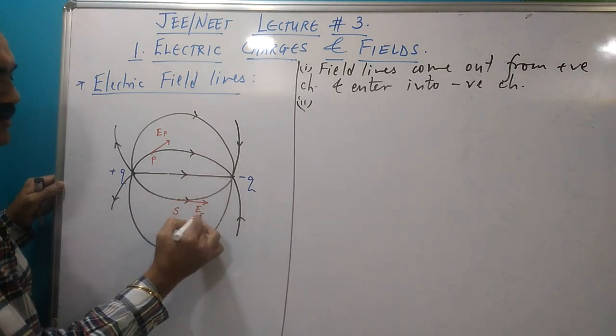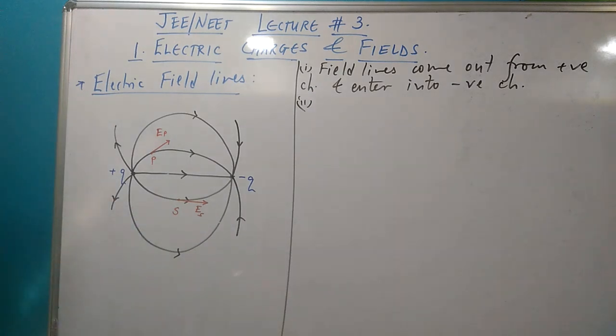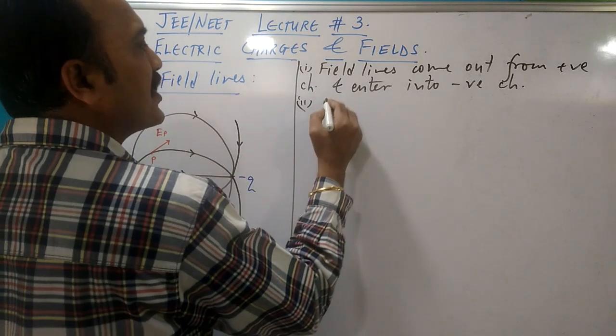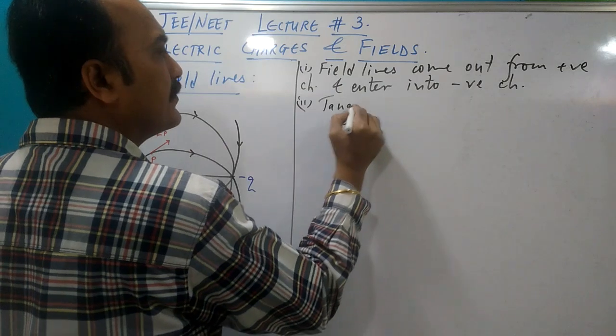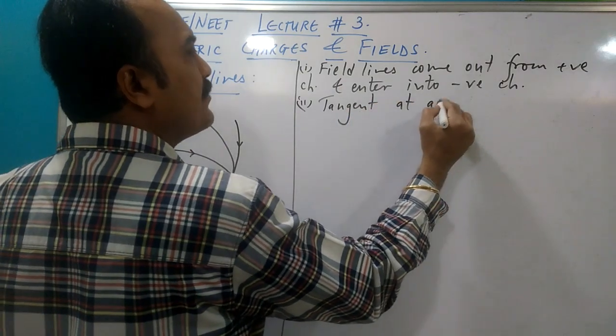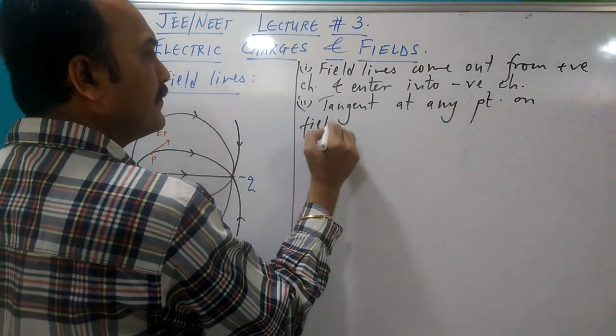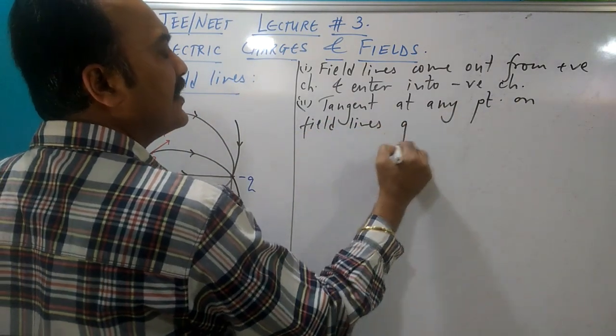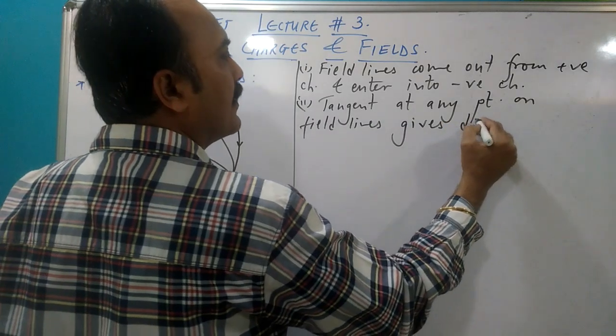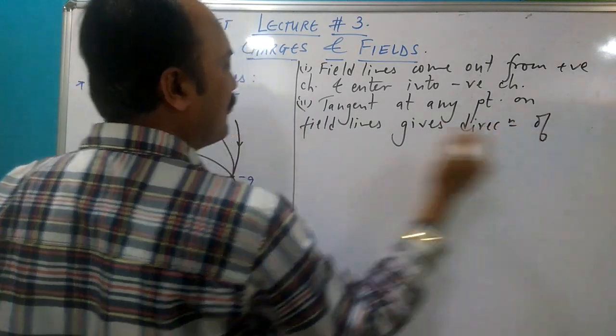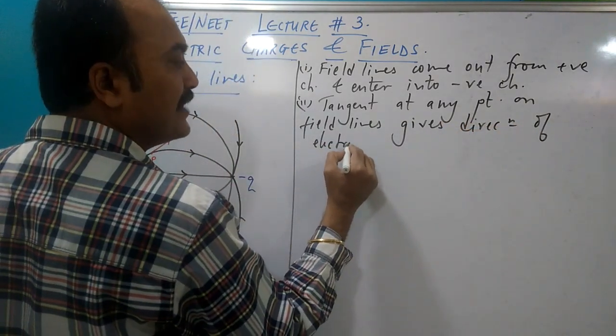Draw a tangent, you get electric field at point S. So, second point, tangent at any point on the field line gives direction of electric field at that point.